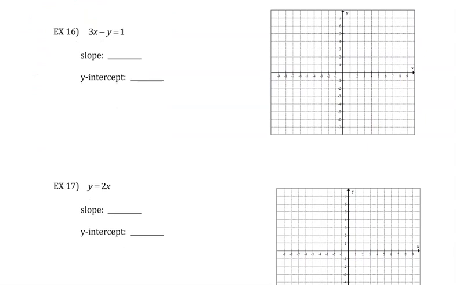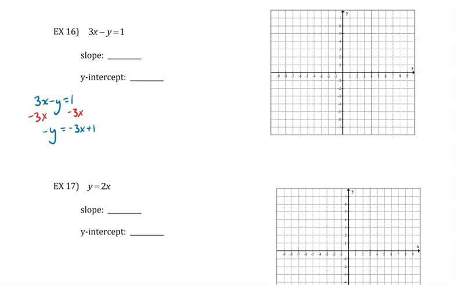Alright, example 16. Again, still have to solve for y first. So move x over. So minus 3x on both sides. We get negative y equals negative 3x plus 1. Be really careful here because we still aren't done solving for y. Negative y is not the same as y.